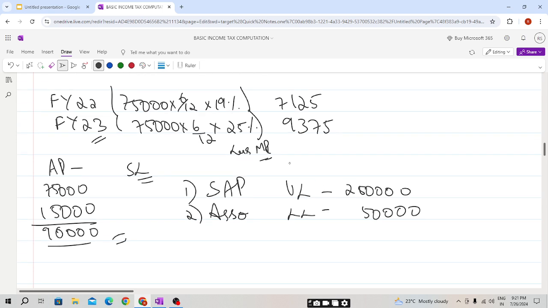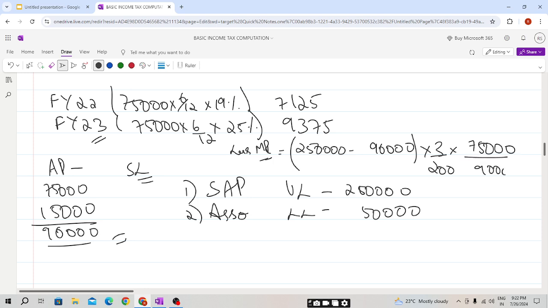So now here we have a catch. See here, students. The marginal relief formula is upper limit 250,000 pounds, no issues, minus augmented profit 90,000, no issues, into standard deduction, no issues, into TTP, the TTP is 75,000 divided by augmented profit.